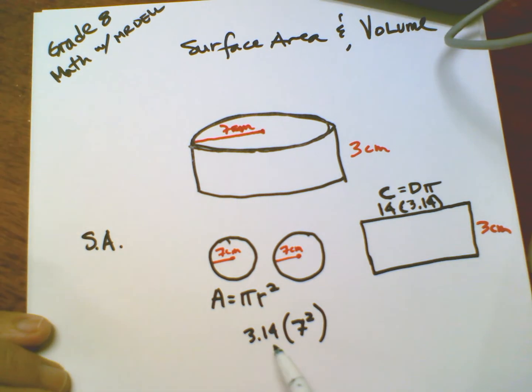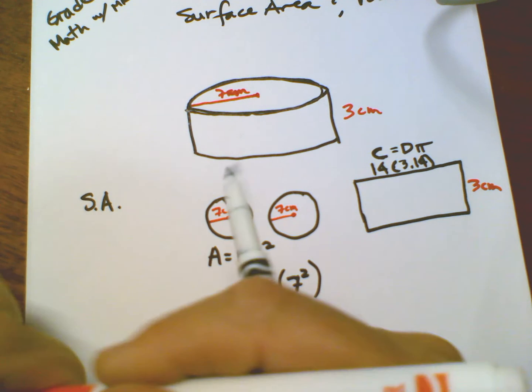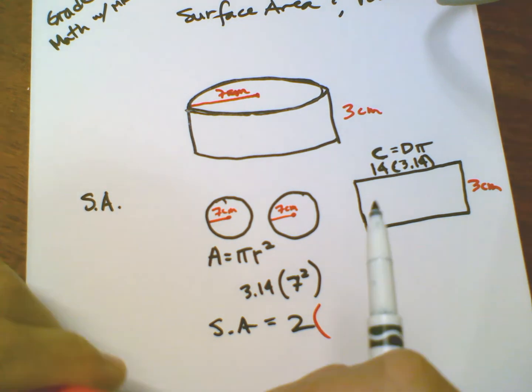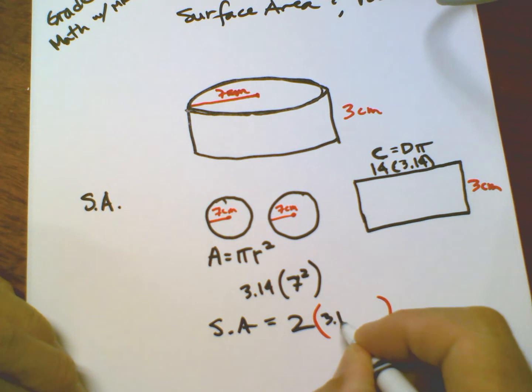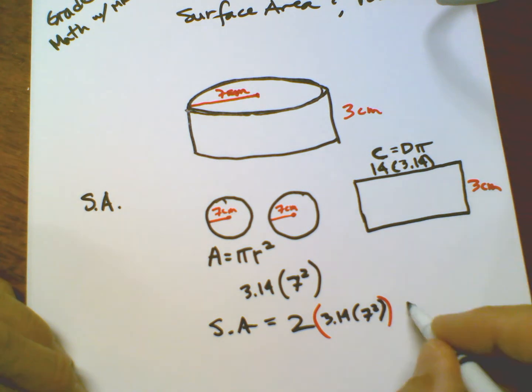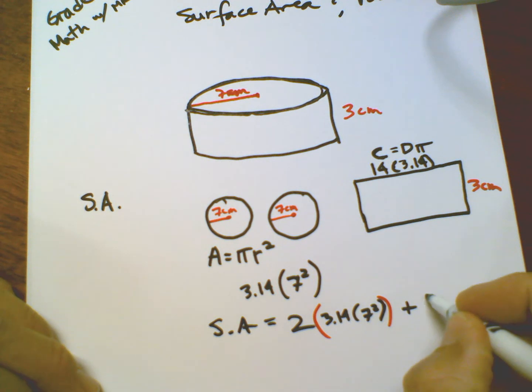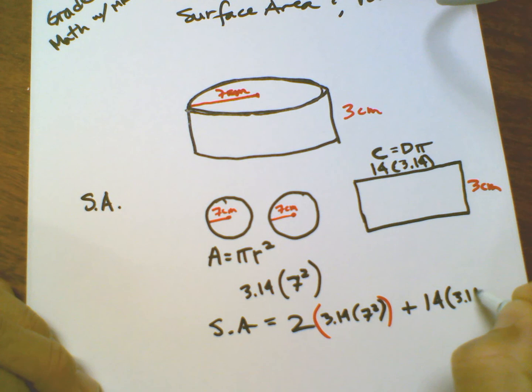So the surface area is going to be 2 of the circles, which are 3.14 times 7 squared, plus the area of that rectangle, which is 14 times 3.14 times 3, right?